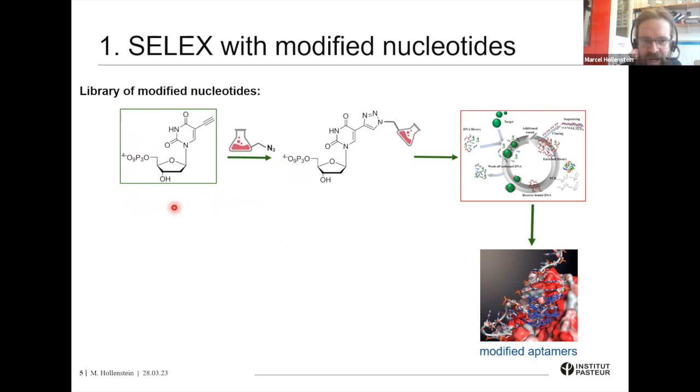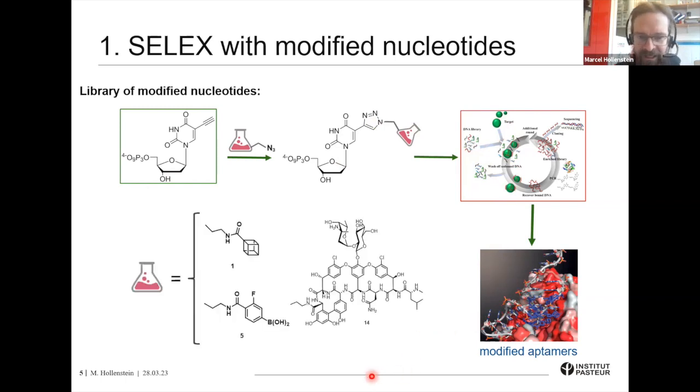We focused, fair enough, this may not be the best synthon, on ethynyl-dUTP, but it's easy to make and commercially available. Then you produce that in larger quantities, synthesize a bunch of azides, and had this subset library of chemically modified nucleotides that we're currently using in aptamer selections to identify chemically modified aptamers.